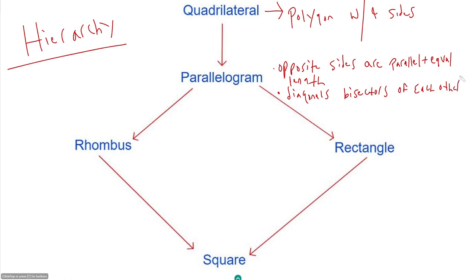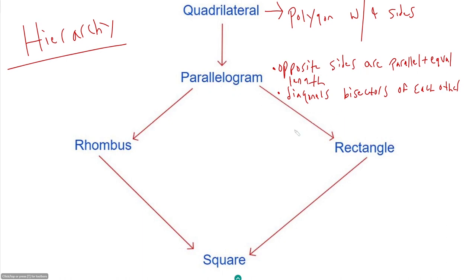Now, while both of these things are true of any parallelogram, in order to go from being a quadrilateral to being a parallelogram, you just need to know one of these things, because if one of these things is true, the other is necessarily going to be true. So if you have any sort of quadrilateral and they tell you that the diagonals are bisectors of each other, you know that that quadrilateral is a parallelogram, which also means its opposite sides are going to be parallel plus equal in length.